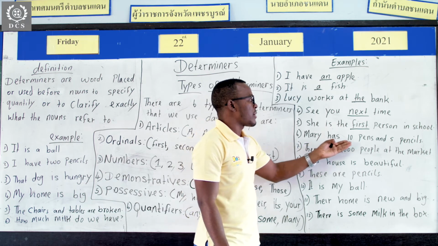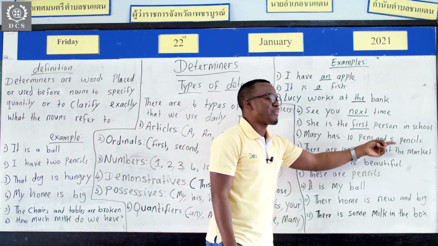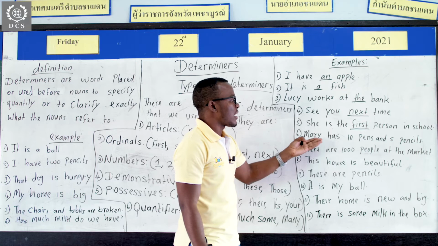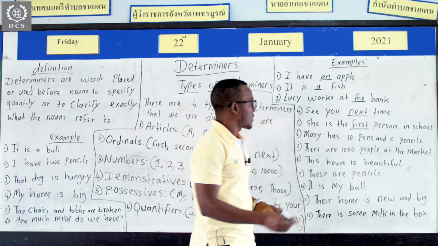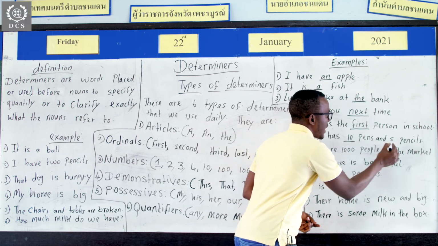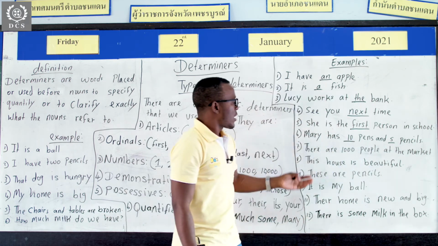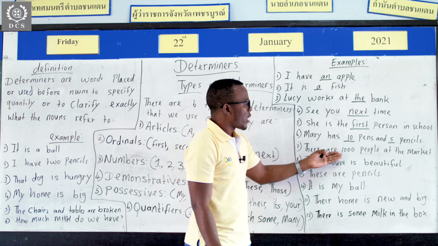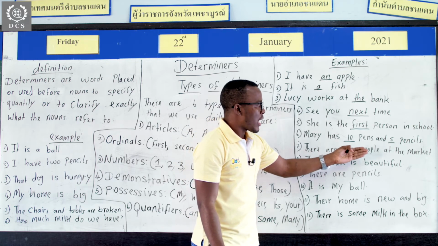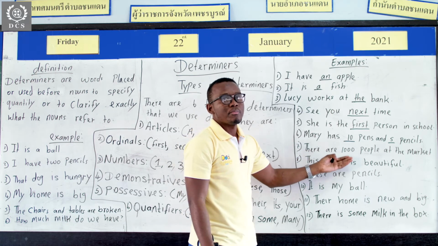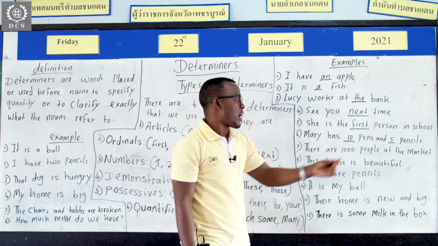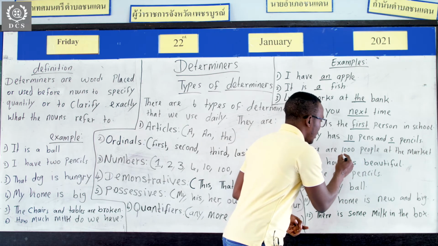Mary has 10 pens and 5 pencils. So we have 10 here and 5 here. There are 1,000 people at the market. We have 1,000.